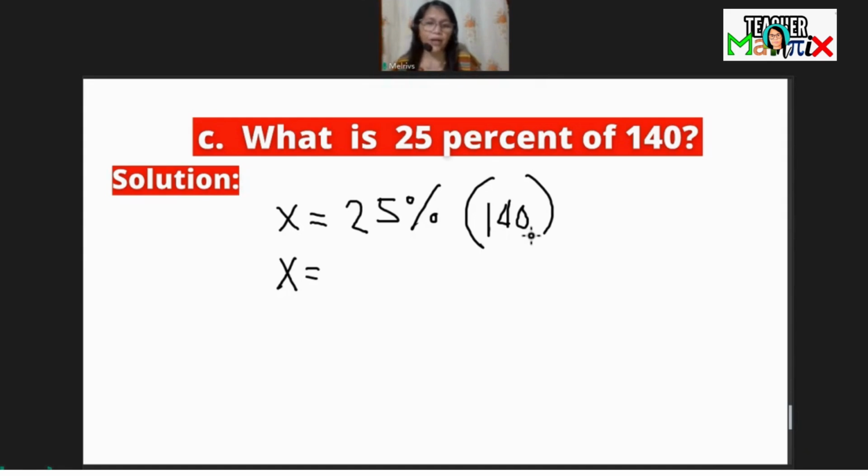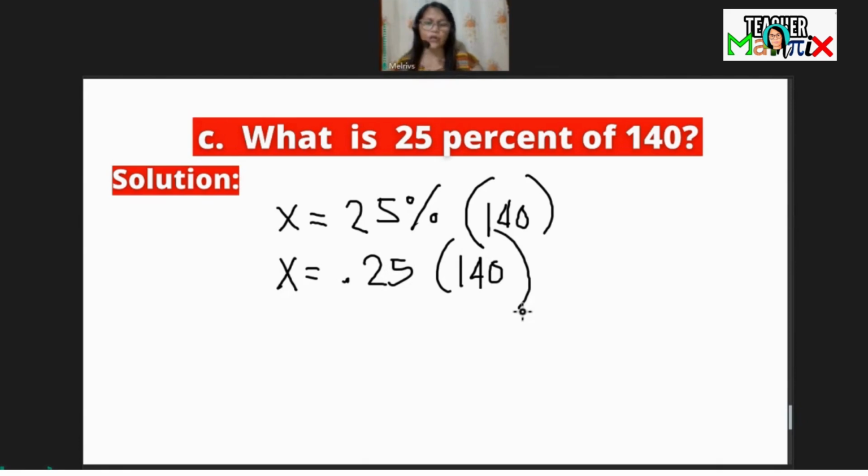But remember, once a number is in the form of a percent, you have to convert that first into a decimal number. So from 25%, this now becomes 0.25. Then multiply by 140.